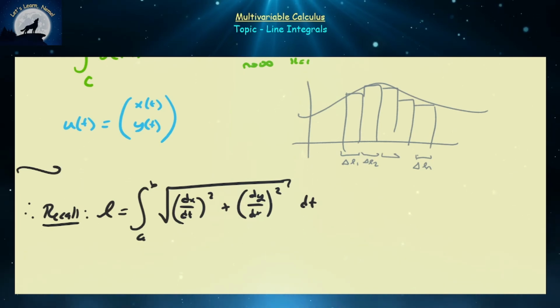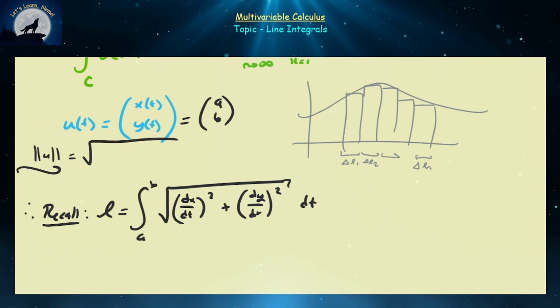But if you look very cleverly, and if I were to call this, for example, the vector (a, b), and if I were to ask you, what is the norm of u? Well, you would say that's just the square root of a squared plus b squared. Agreed? So if I were to take the derivative of u, u prime of t would be equal to (x prime of t, y prime of t).